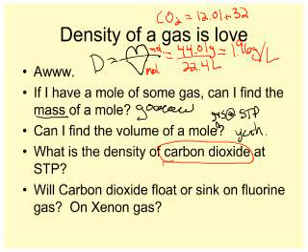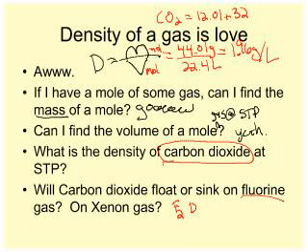Will carbon dioxide float or sink on fluorine gas? The formula for fluorine is F. Skirtich knows that, although he thinks it's F minus. But it's diatomic, so it's F2.